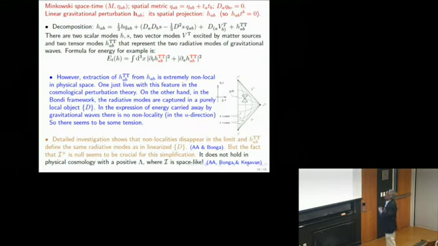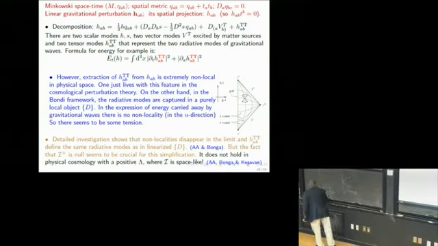Then we can do a certain decomposition, and we can decompose the full perturbation into two scalar modes, h and s, which are functions. There is a vector which is transverse, and the remaining part is transverse traceless. The transverse traceless modes are the ones which are supposed to represent the gravitational waves in the weak field limit.